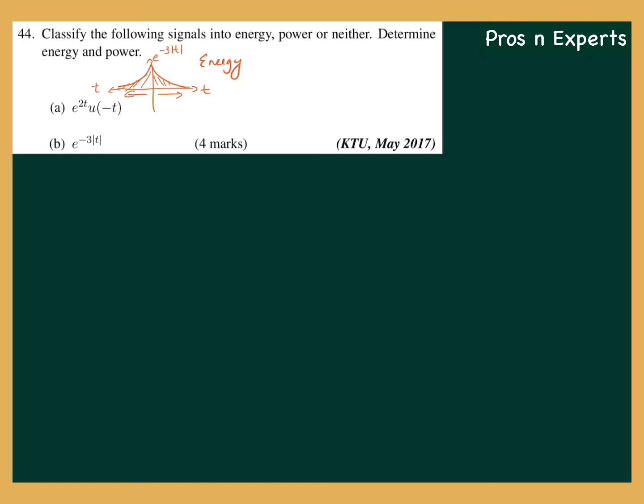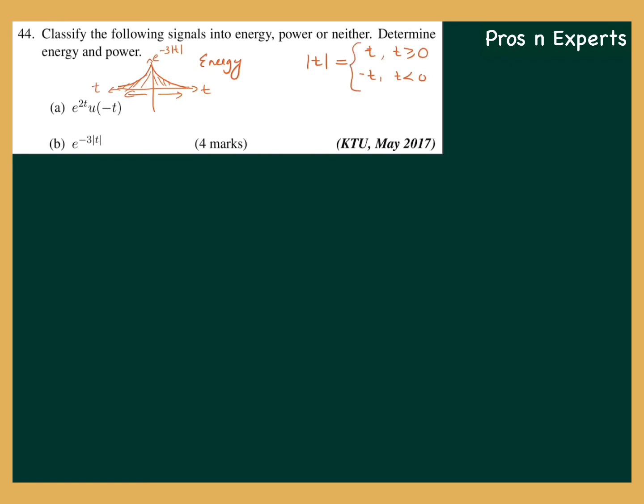Before moving into mathematical steps, let me ask you, what is mod t? How can you mathematically represent mod t? Mod t is equal to plus t for positive time, t greater than 0. And mod t is equal to minus t for negative time, t negative.